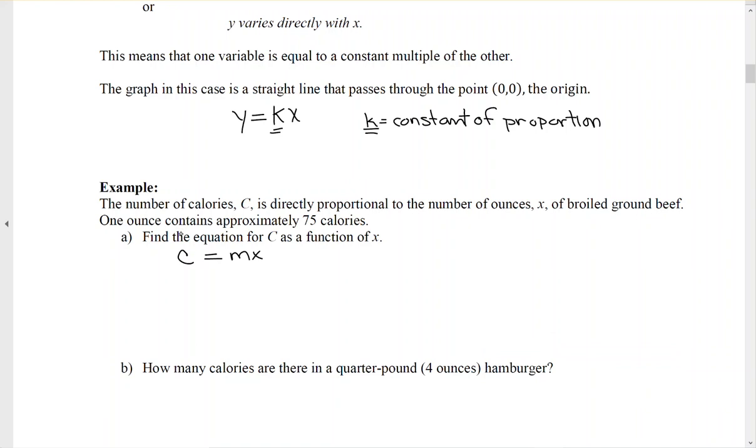One ounce, so that's an X. You've got to know what your variables are representing here. It contains approximately 75 calories, so that's the C.